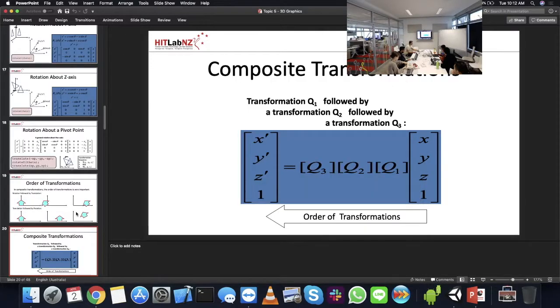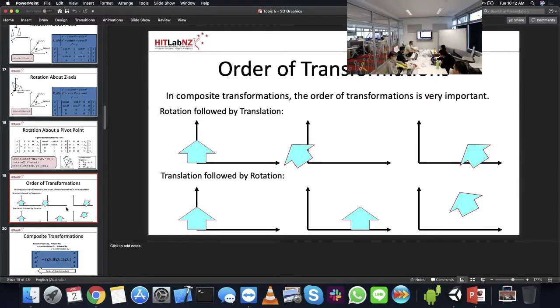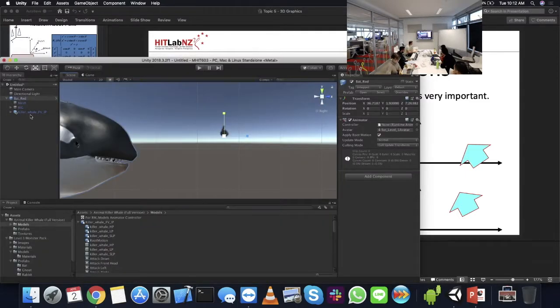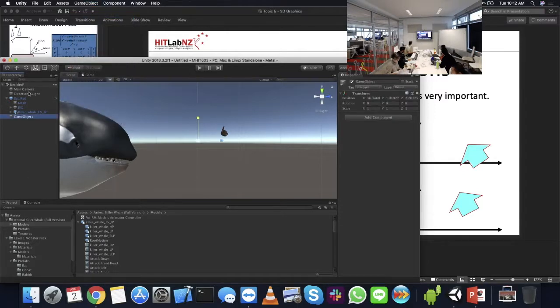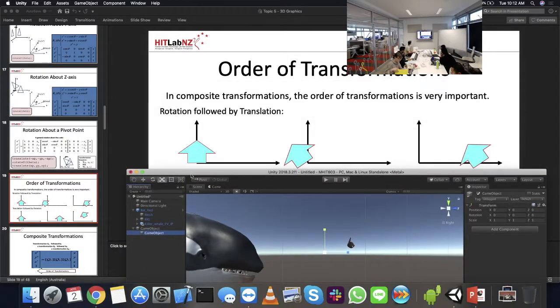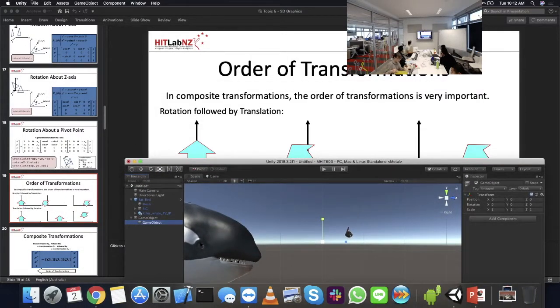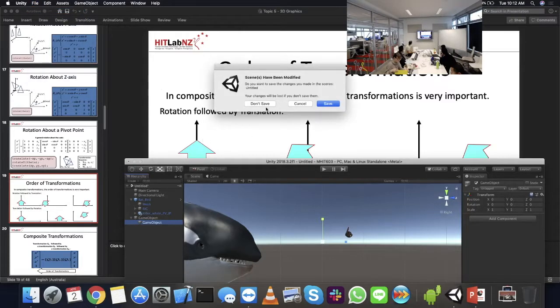So when we're talking about doing multiple transformations in Unity, probably the easiest way to think about it is actually doing a separate game object for each transformation, and then changing the hierarchy of that. So let me see if I can do a little example here.